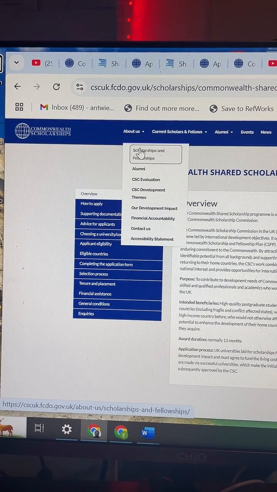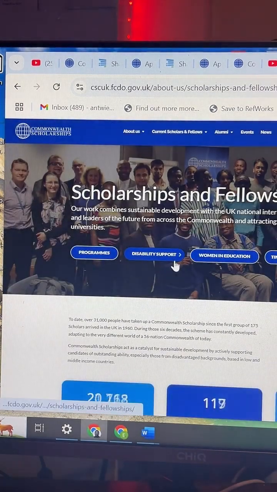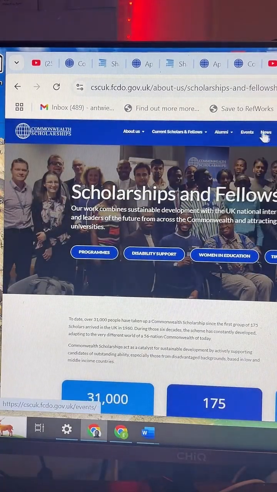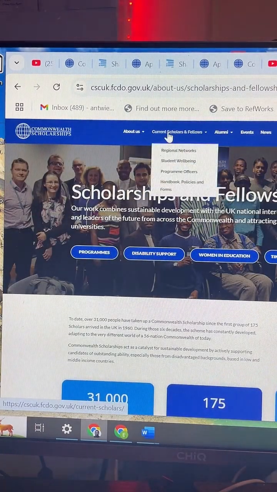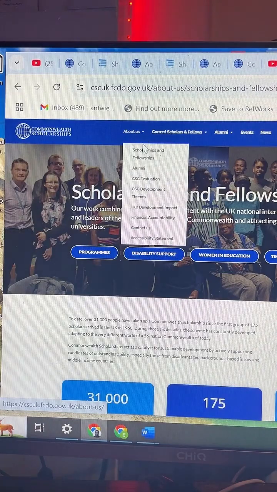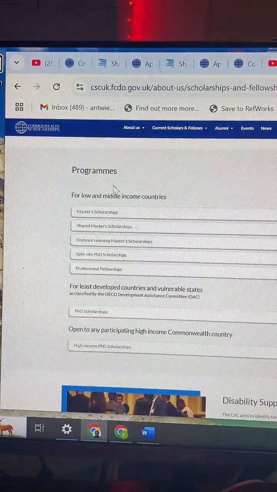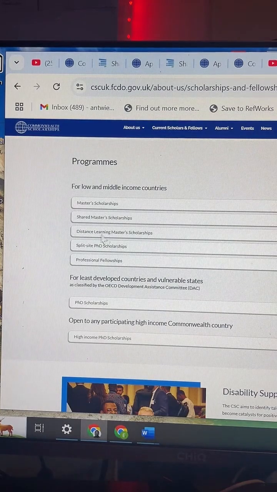So once you navigate, there are several scholarships. So when you go to this main page, you go down here and then you go to the Shared Master Scholarship.